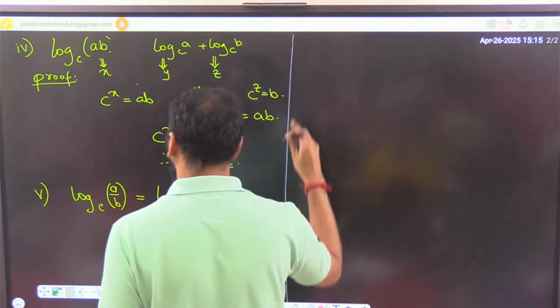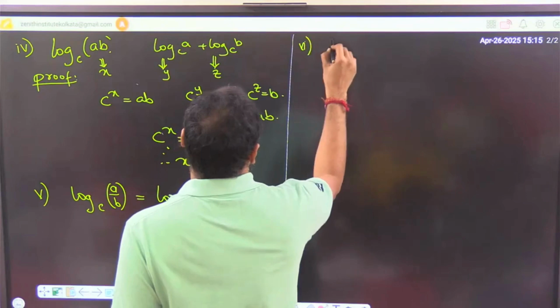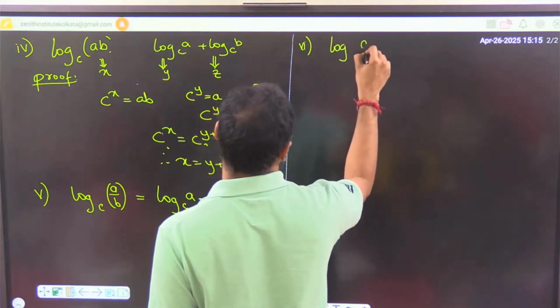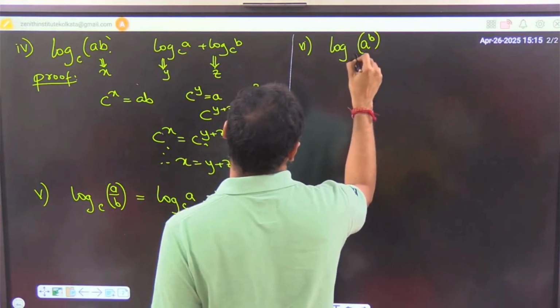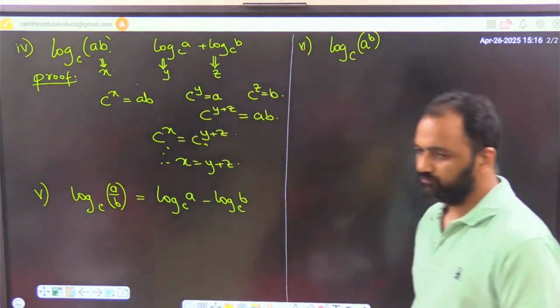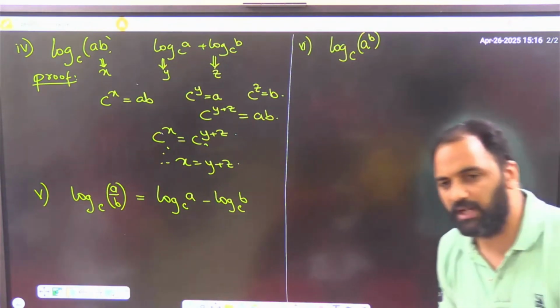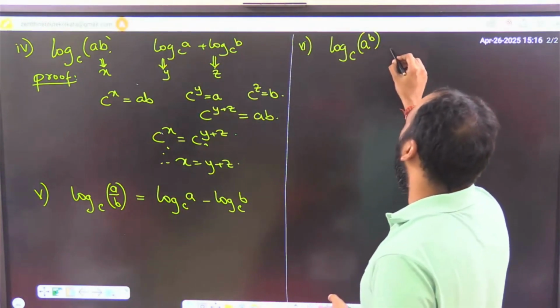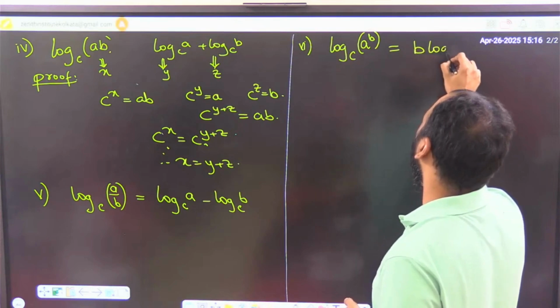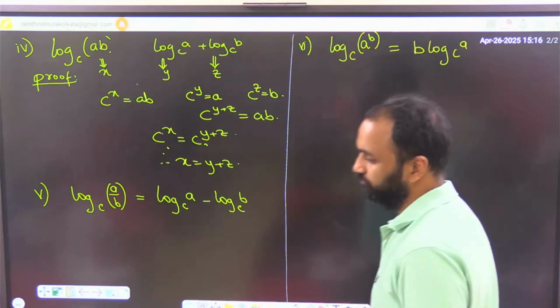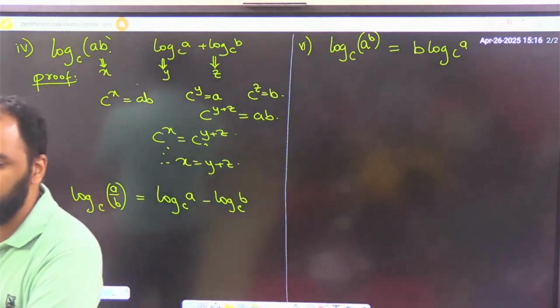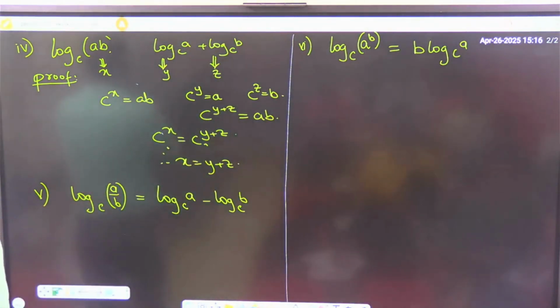Next. Log of a to the power b to the base c. If we have a power inside the log, then what will happen to the power b? The power b will jump out of the log.